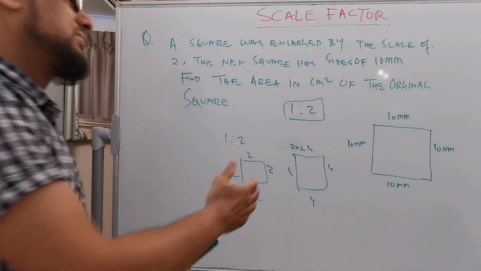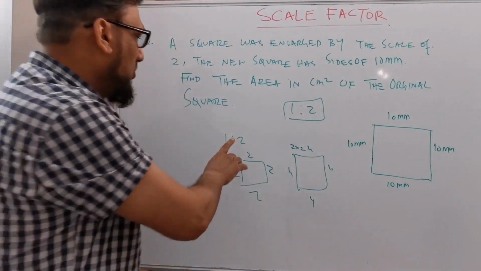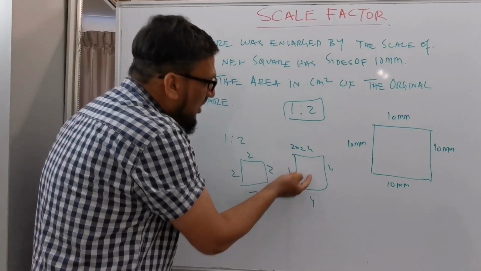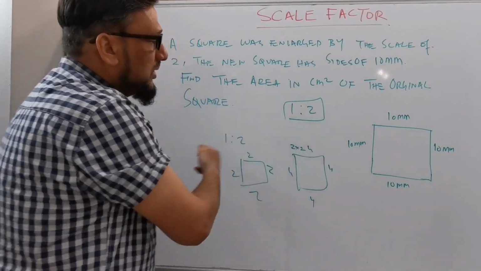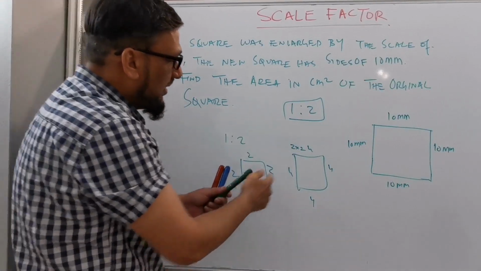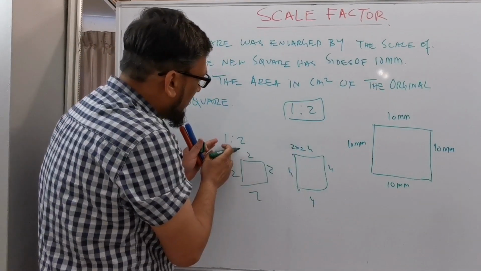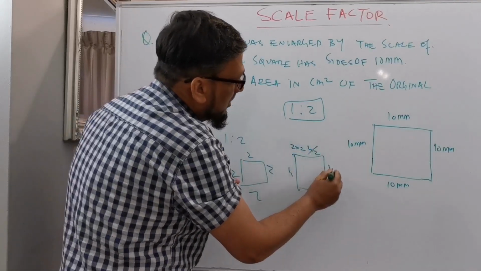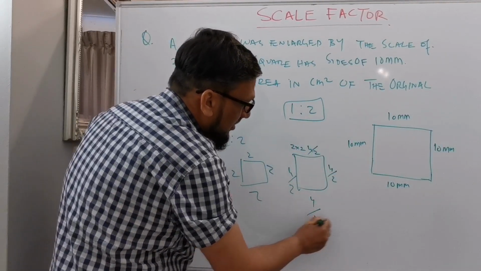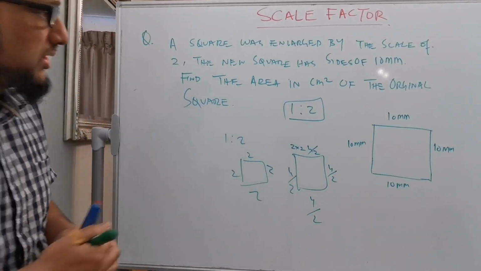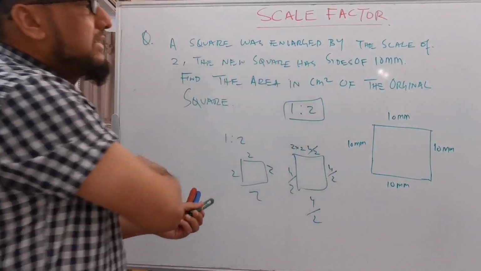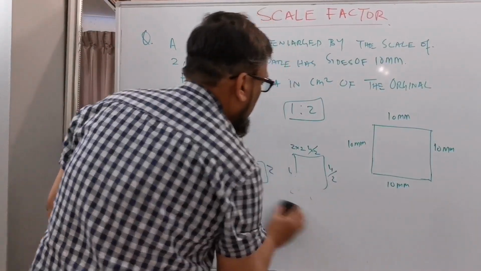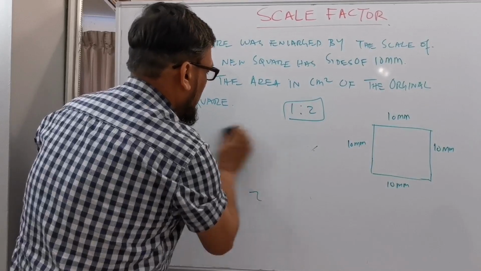When you're coming back from new to original with scale factor 1:2, you simply divide by 2. So divide by 2 to get the original shape if the scale factor is 2.